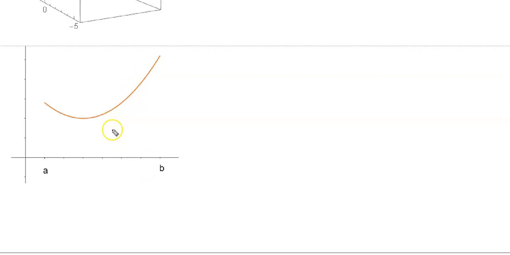Now we want to calculate the surface area. So what we're going to do is take the interval from a to b and partition it into n subintervals, very much like what we did for calculating the arc length. In this case, we're just going to partition it into 4 subintervals.